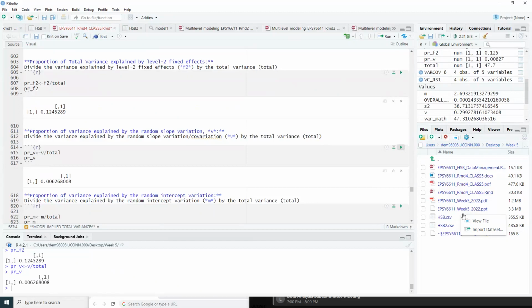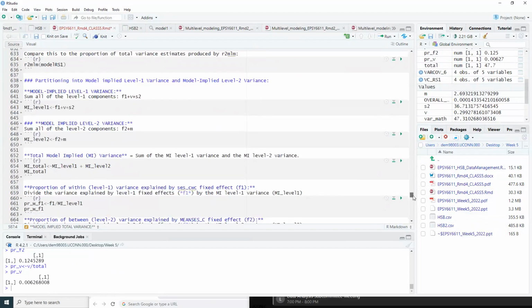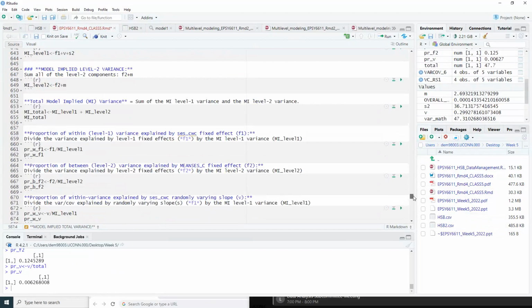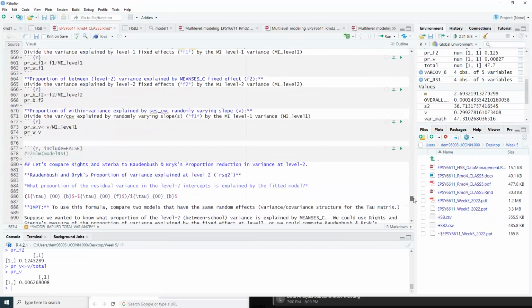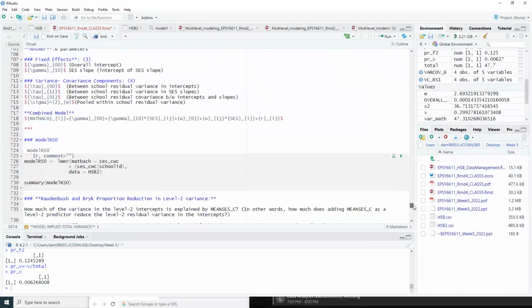So now, last thing here. I could actually compare. Remember, we talked about the Raudenbush and Bryk stuff, where we used the proportion reduction in variance at level 2. But for that, I have to have another model.